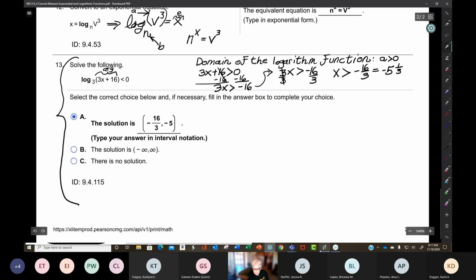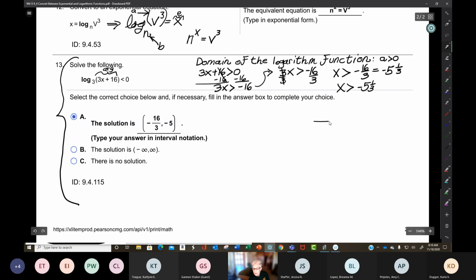Okay. All right, now that we know that, x is going to have to be greater than negative 5 and 1/3. This is what you want to think, negative 5 1/3.